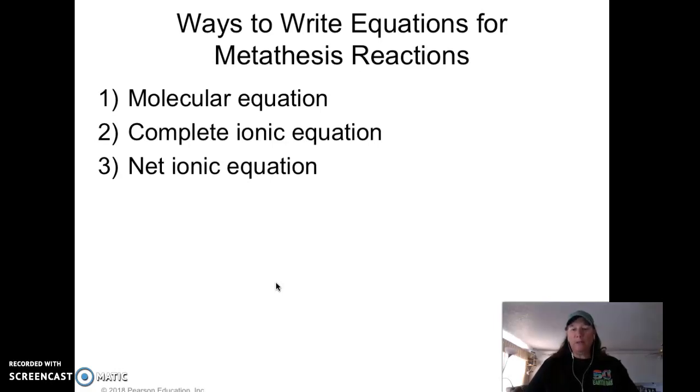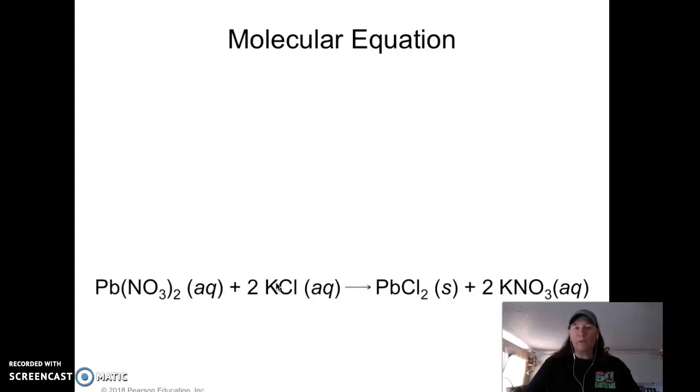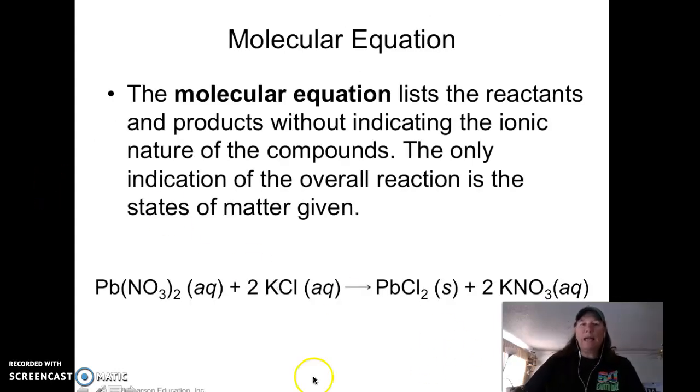So if it's calcium, you would write it as Ca plus 2. Again, I'll show you how to do those. The molecular equation lists the reactants and products without indicating the ionic nature of the compounds. In other words, this is what you'd start with. So if I started with these two, I'd finish my equation and make sure I had one that was a precipitate, because if there's not a precipitate, you're done.